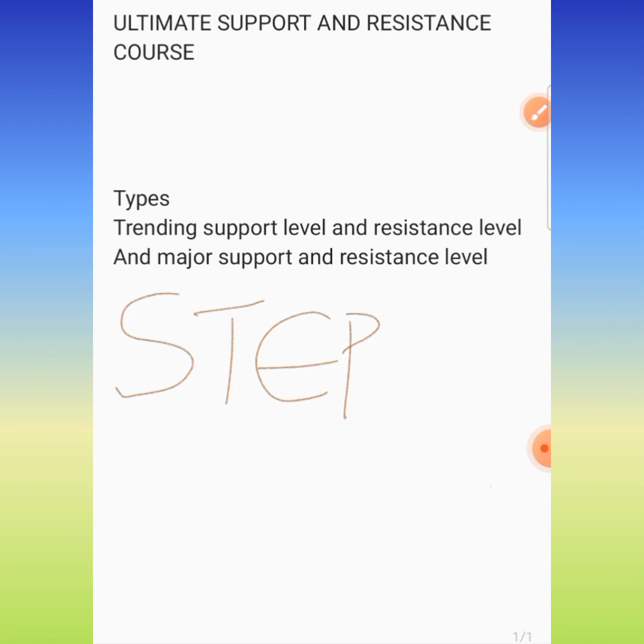Don't mind my drawing. We have the shooting star. This is a candlestick. All right. Don't mind my drawing, please. Let me try again. So this is a candlestick. This is a shooting star. And we have the hanging man.